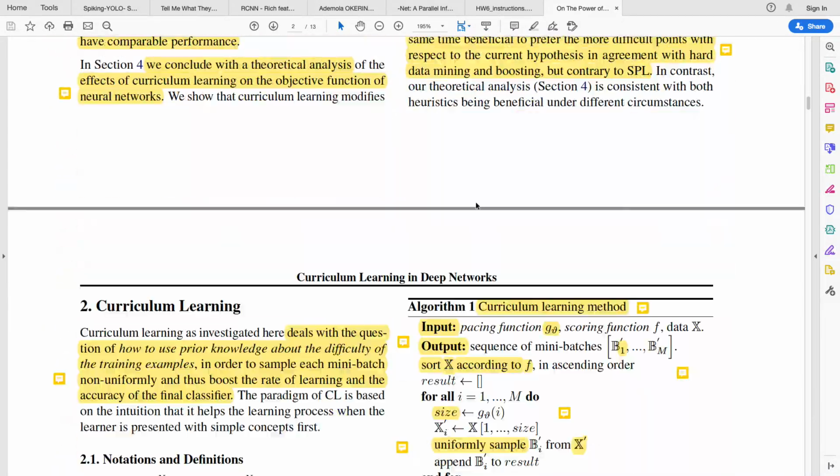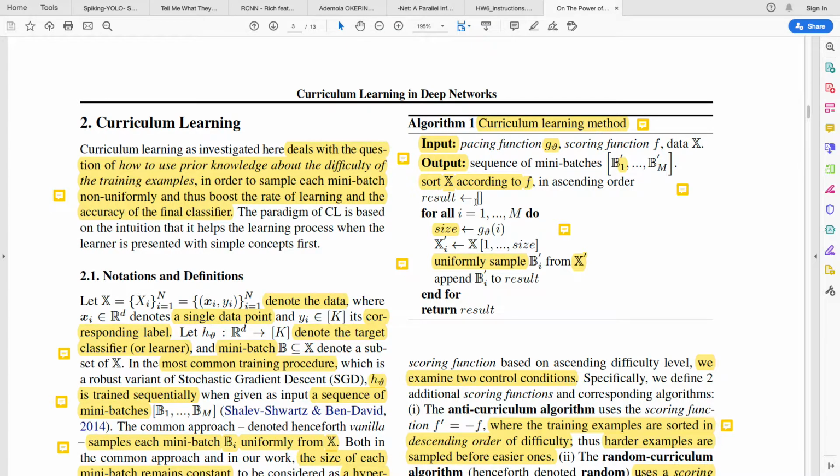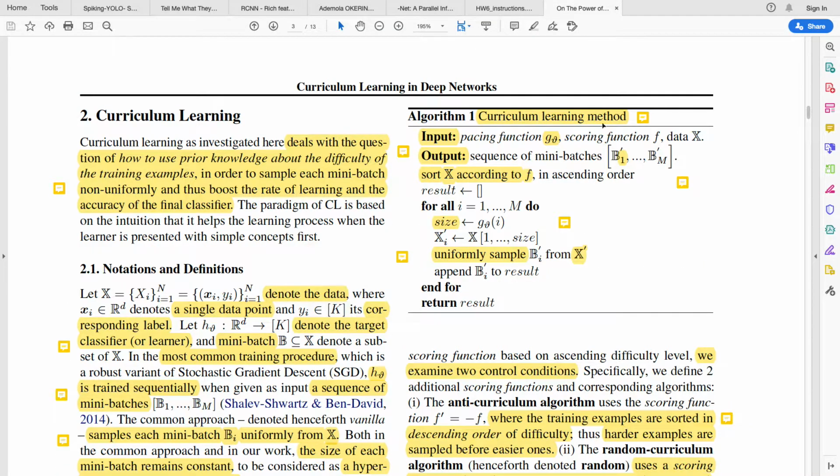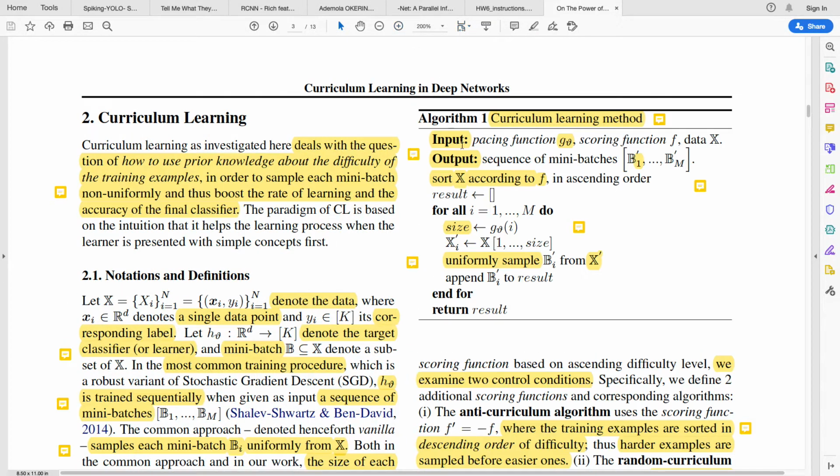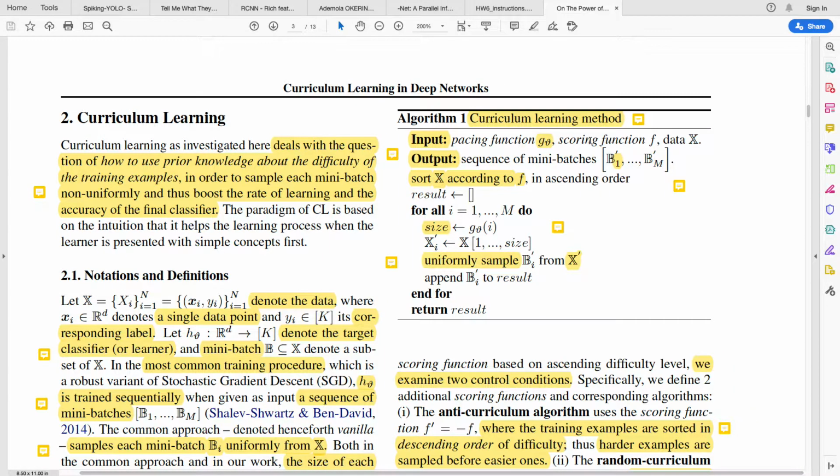So let's see the algorithm here. This is the whole thing. This is the curriculum learning method. Your input is your pacing function and your scoring function. A function is just a mapping from input to output.